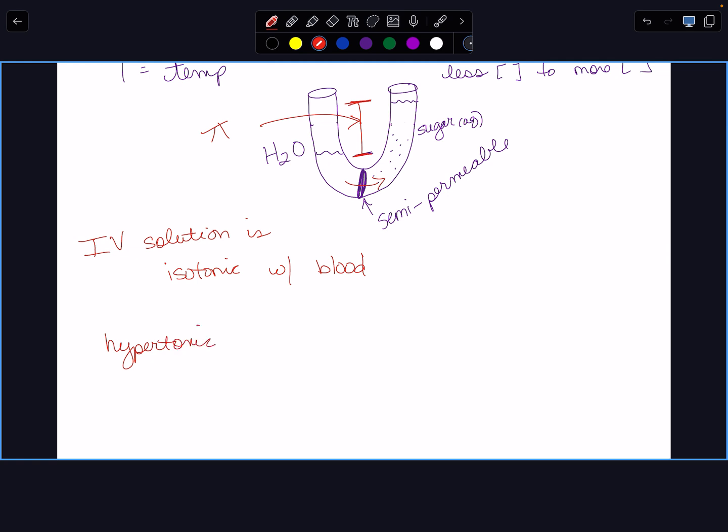If the IV solution is more concentrated, your red blood cells release water and they shrivel up. Okay? If it's hypotonic, they absorb the water and they plump. And one's called, what's it called? Crenation?